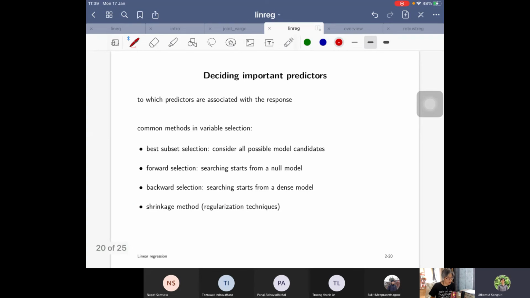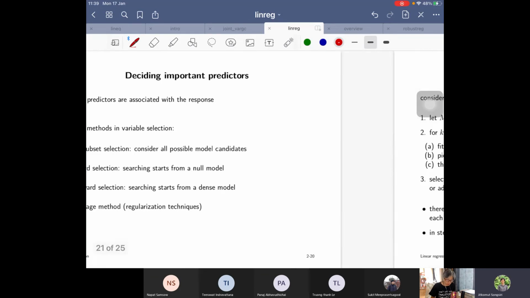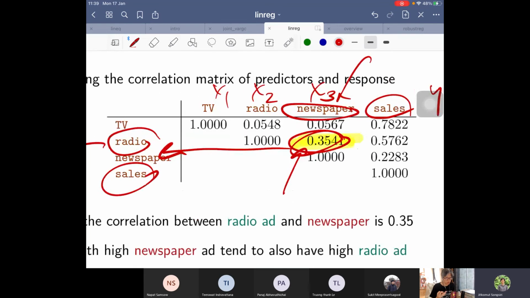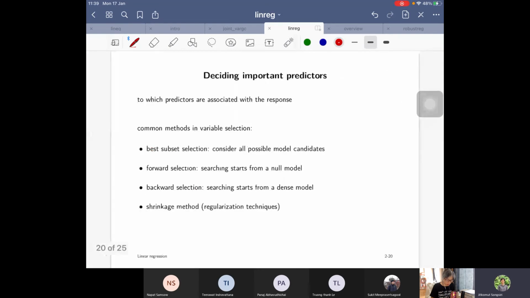In the next couple of slides, I will give this lecture later, because this is a very important question about deciding important predictors. In this example you have 3, right? The question would be, suppose you have n predictors among your candidate choices. How can you include only a subset of them? How can you decide which one is significant?